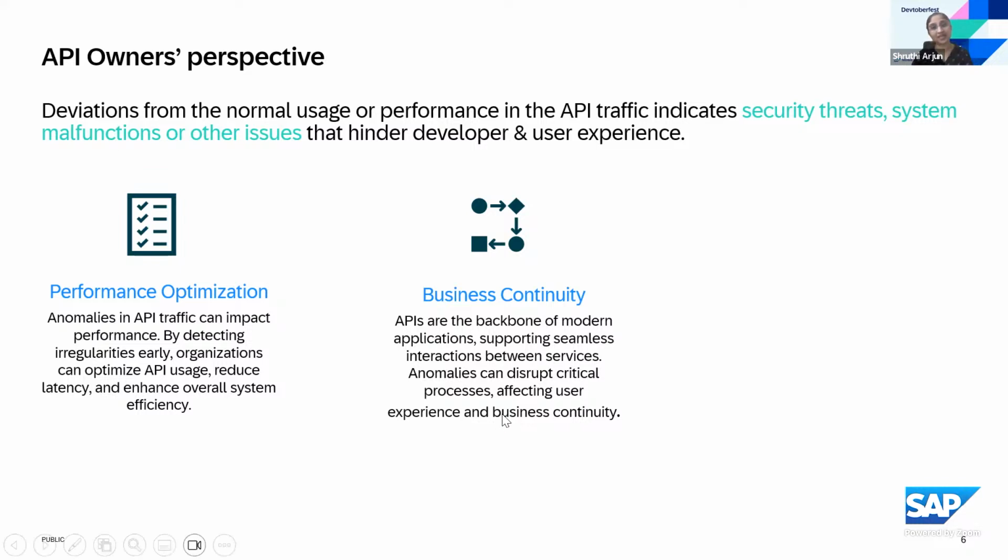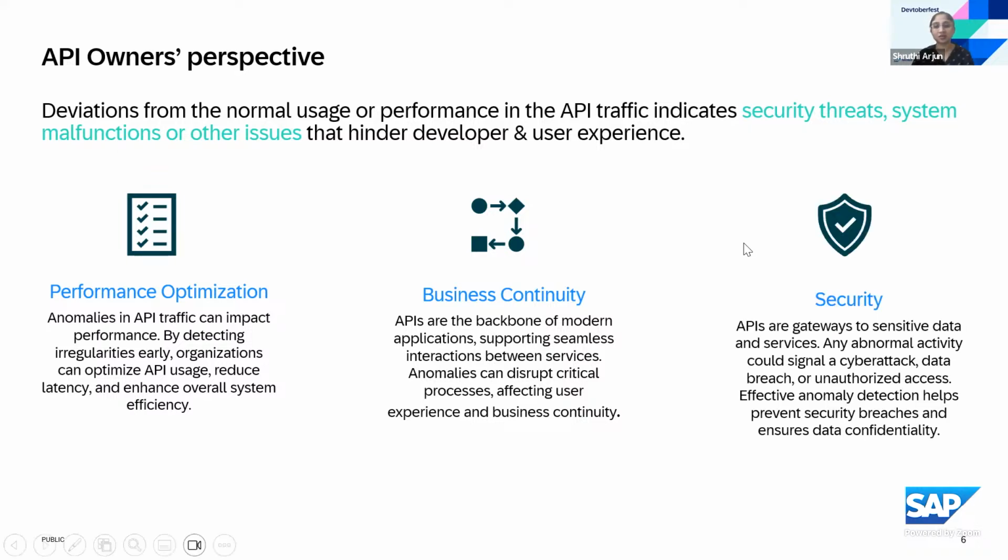So in order to provide superior user experience, ensure continuity of businesses, and ensure that critical processes run seamlessly, API owners have to ensure that the APIs are fit and fine. And again, for any deviation there, they would want to be notified and react.